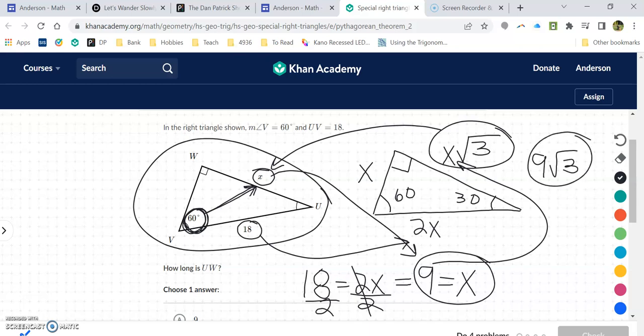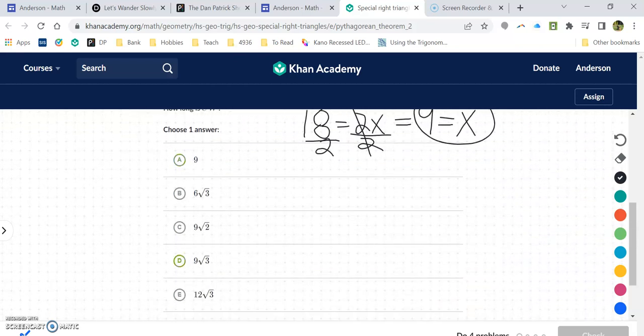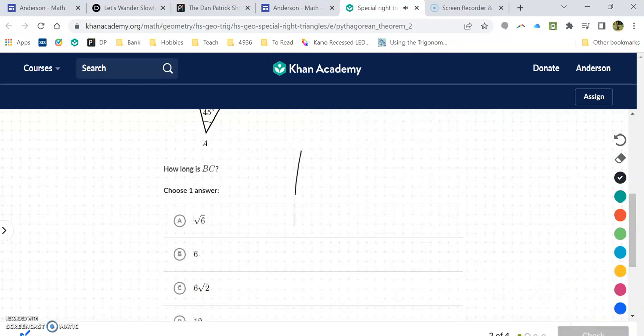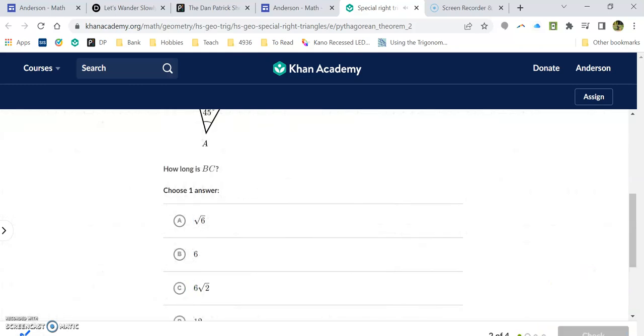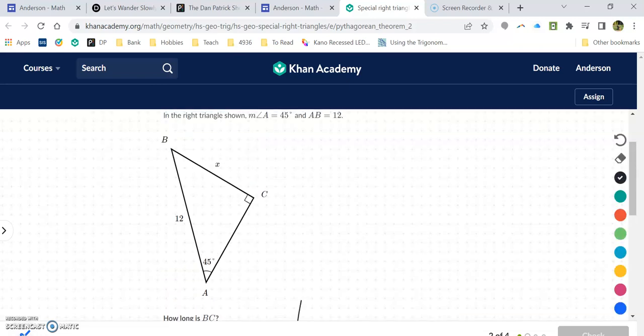Let's see if we have an option in our answers for 9 square root 3. D. Okay, scroll down. Now we have a 45, 45, 90 degree triangle. So I'm going to draw a triangle that matches this a little bit.